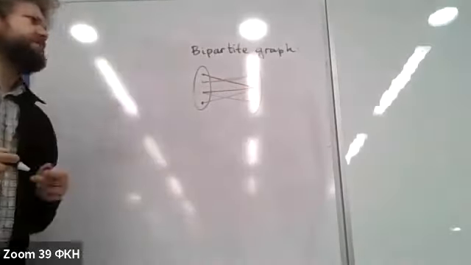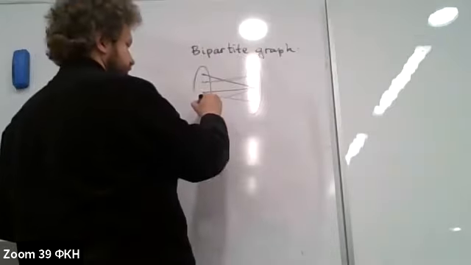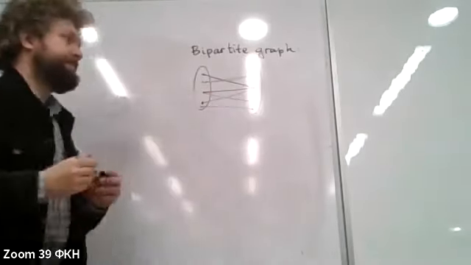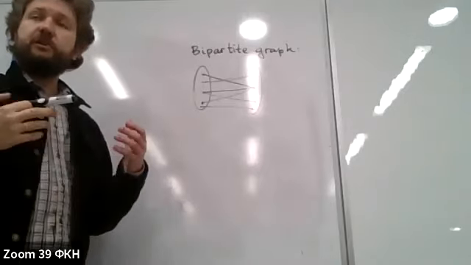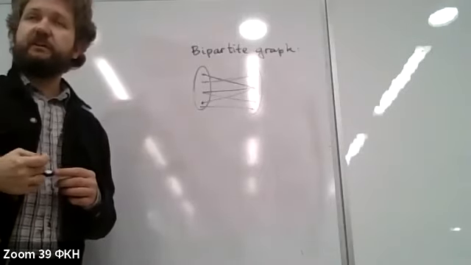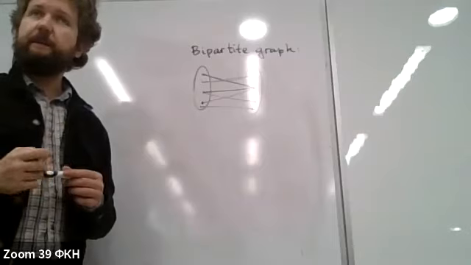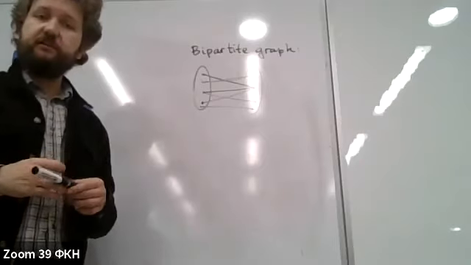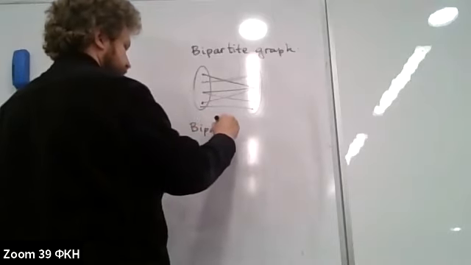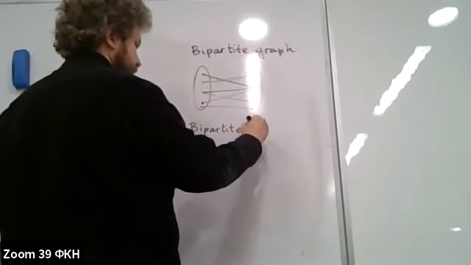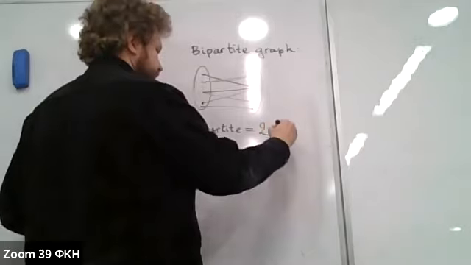It is not required to be connected. There could be something else like this, for example, but it's bipartite. So in order to obtain an algorithm for checking whether the graph is bipartite, we'll introduce another notion: that bipartite is the same as two-colorable.